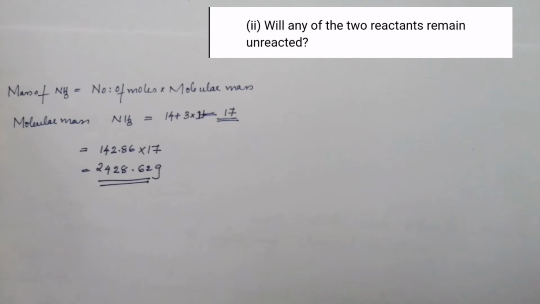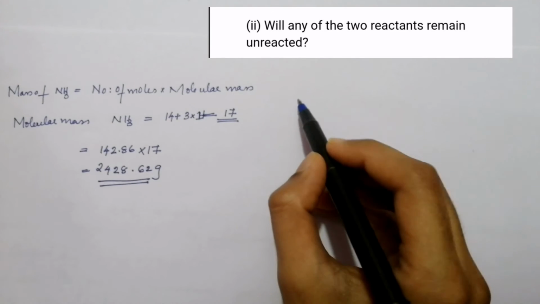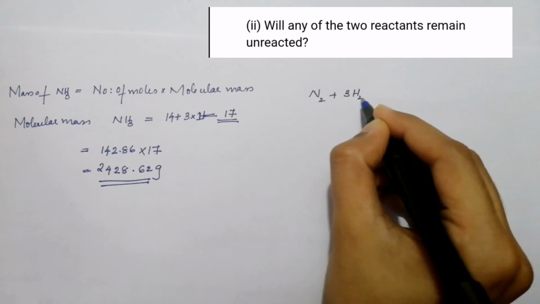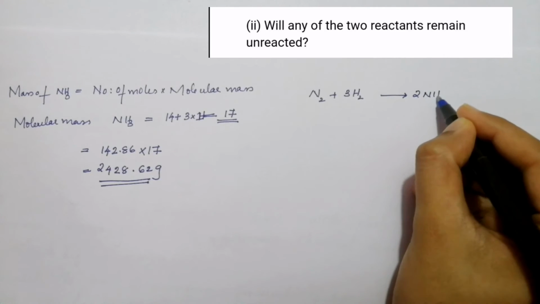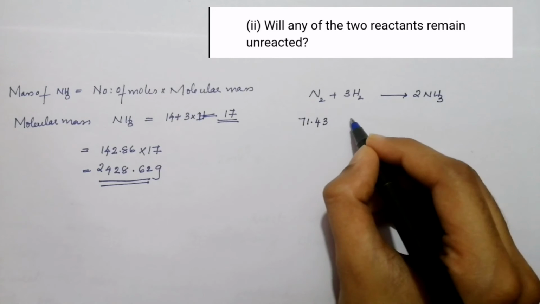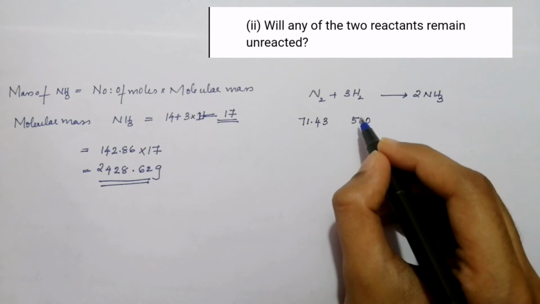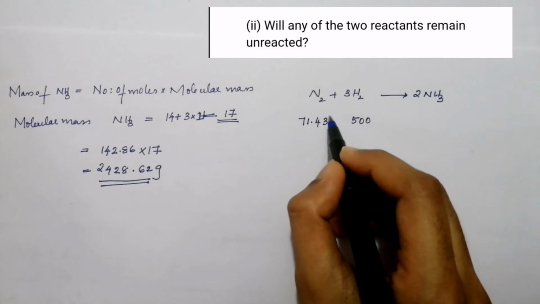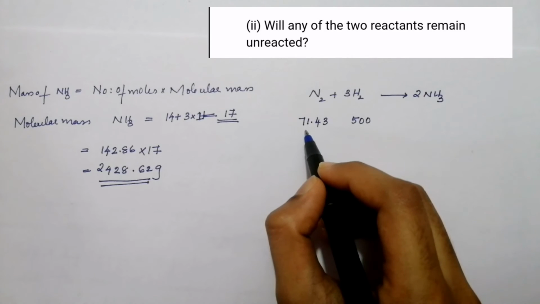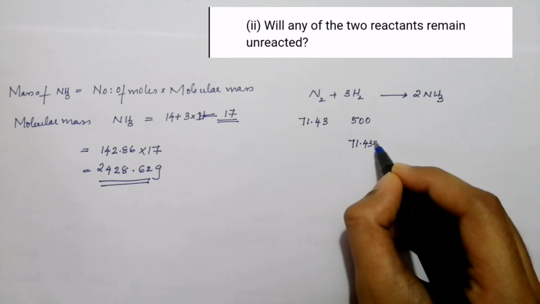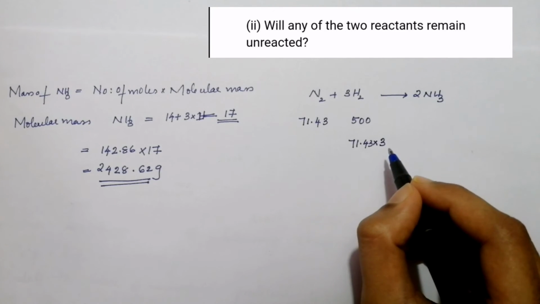In the second part of this question, we are asked if any of the reactant remains unreacted. For this, let us look at this balanced chemical equation where N2 is reacting with 3H2 to give us 2NH3. We have already calculated the number of moles of nitrogen to be 71.43 and hydrogen to be 500. Now, according to the concept of limiting reactant, when 71.43 moles of nitrogen is being used, it requires 71.43 into 3 times of hydrogen.